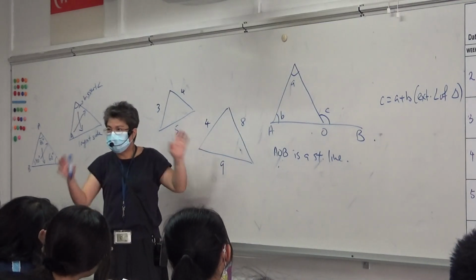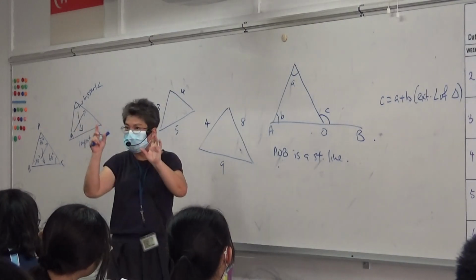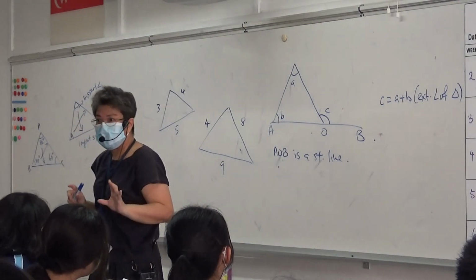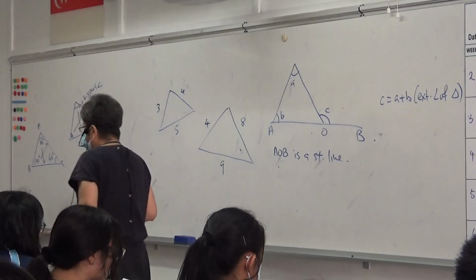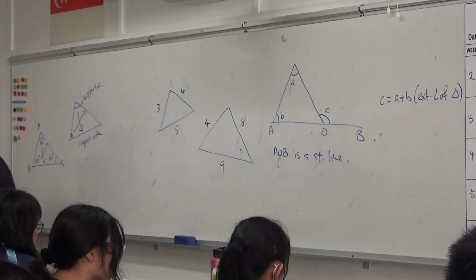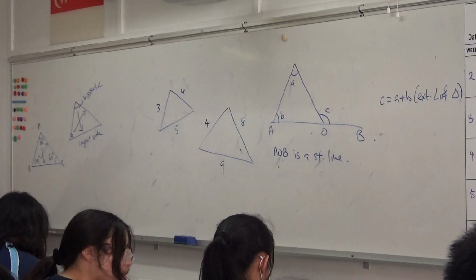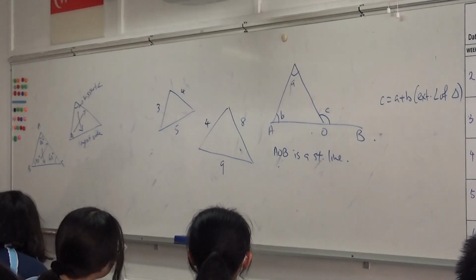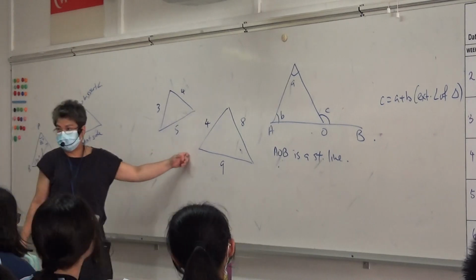This is smaller. So you will not be able to construct it. Okay, this is the meaning. I will show you when we have a compass and then we construct what we mean by this. Everybody okay? Okay, so the second point: the sum of the lengths of two shorter sides of the triangle must be greater than the length of the third side. This one is important. I will show you these 4, 8, 9 later.